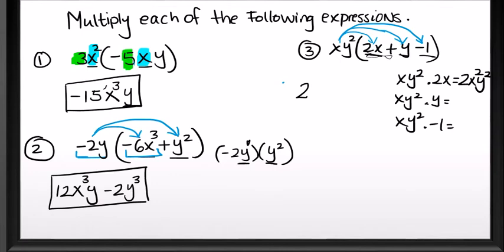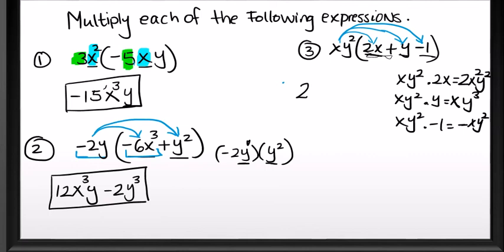Next one, x times y. There's no variable similar to that in the second term here, so the x will stay as it is. y squared times y, that will be y to the power 3. Then xy squared times negative 1, so that will be negative xy squared.